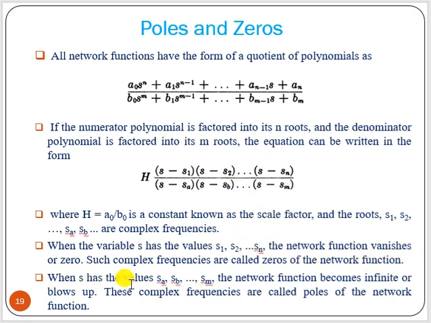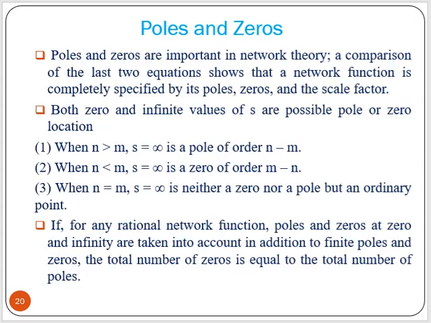And when s has the values sa, sb, up to sm, that is for the denominator, the network function becomes infinite, something by 0, or it blows up. These complex frequencies are called poles of the network function. So zeros make the function equal to 0, and poles make the network function infinite.